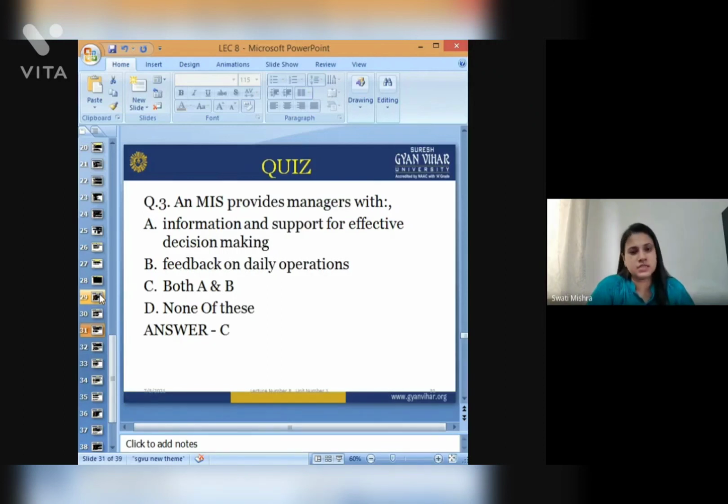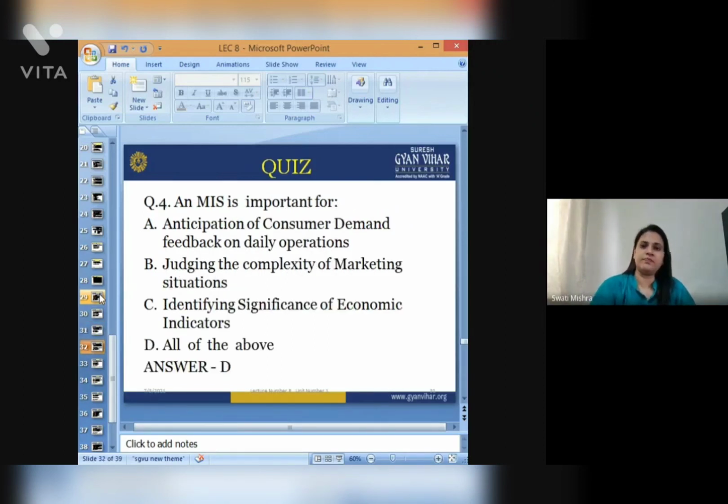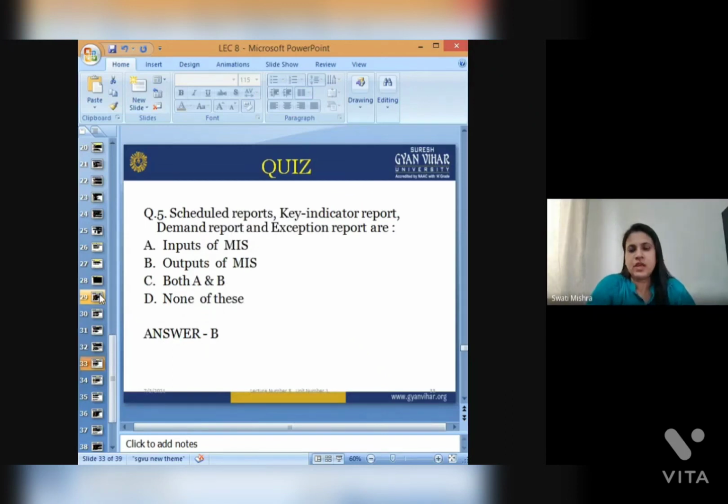And the answer is C, both A and B. Here's my fourth question. An MIS is important for, and the options are A, anticipation of consumer demand, feedback on daily operations, B, judging the complexity of marketing situations, C, identifying significance of economic indicators, D, all of the above. And the answer is D, all of the above.